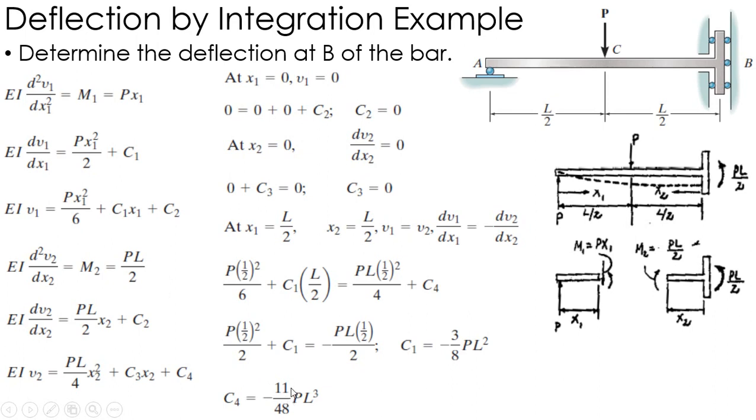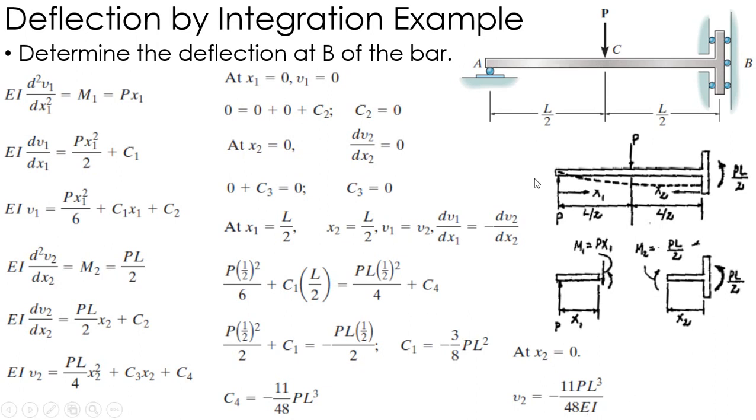Now that I've found all of these integration constants, I can find the deflection of point B simply by taking L over 2 and plugging it into the V1 equation. Or I could plug in L over 2 into the V2 equation, and I get negative 11 PL cubed over 48 EI. So it's a very long, methodical process.